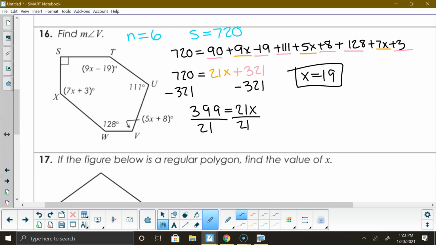Am I done though? What do I need to do? Angle V. So now I gotta plug it in here. What was it? 103.